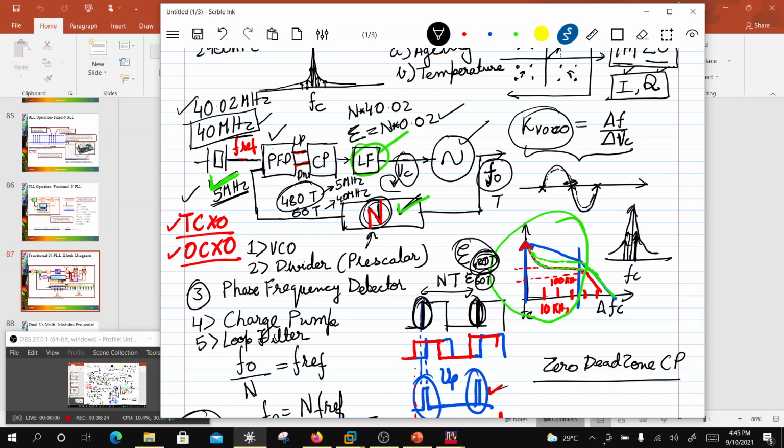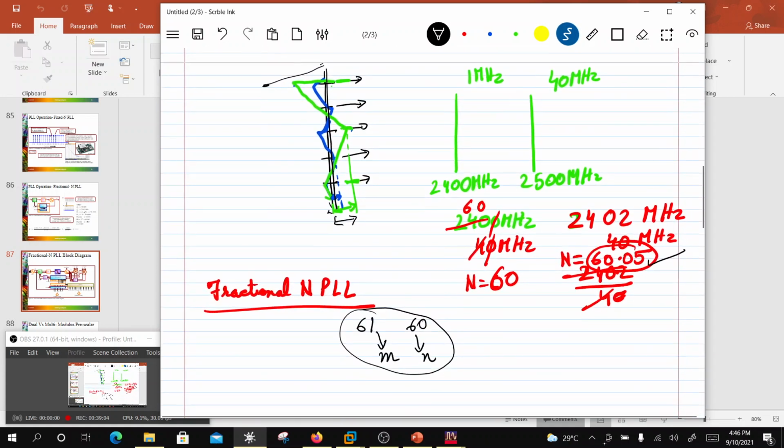Because of that, fractional N generates a VC which continuously varies between two values. For example, if N generated VC1 and N plus 1 generated VC2, and we do this a multiple number of times such that the average of VC1 and VC2 is a certain number between VC1 and VC2, that would appear here because this is a low pass system. So this is how a fractional N PLL works.